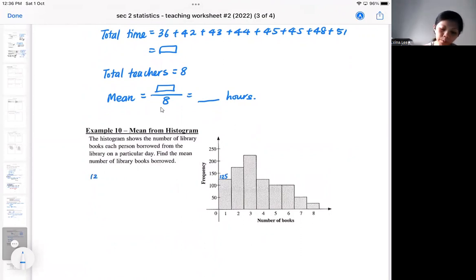So 125 people borrowed 1 book each. Then we got, maybe this one is 175. So if you read, there is 175. So what does that represent? It represents 175 people borrowing 2 books each.